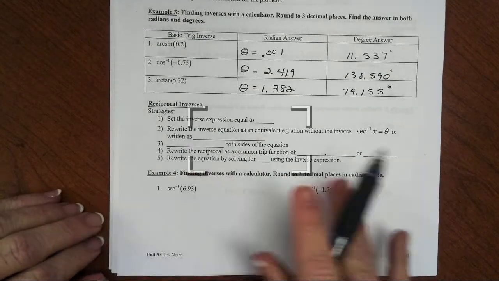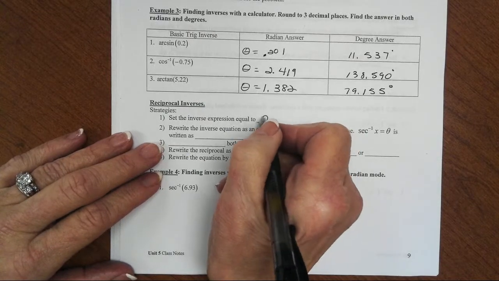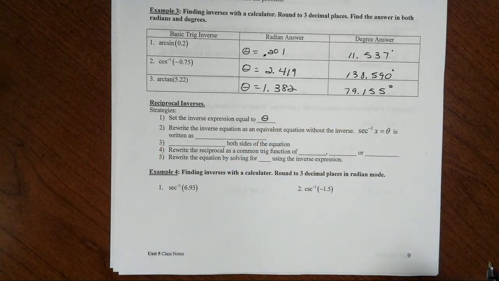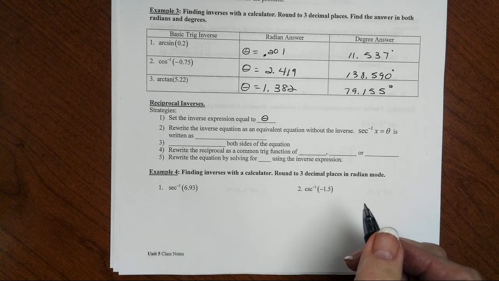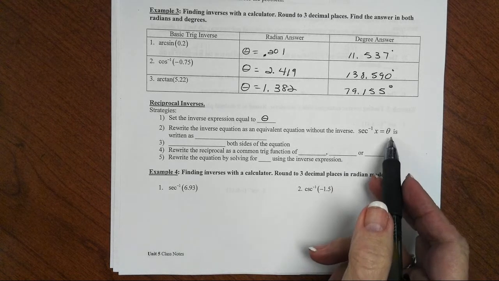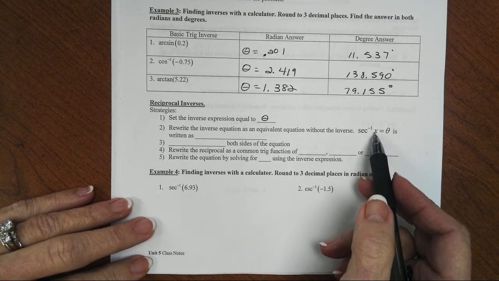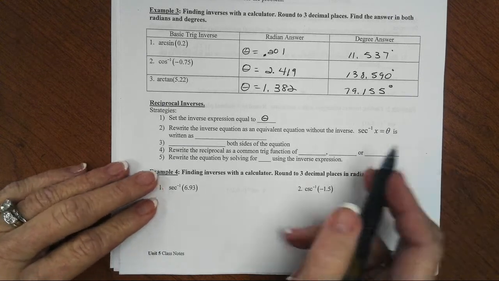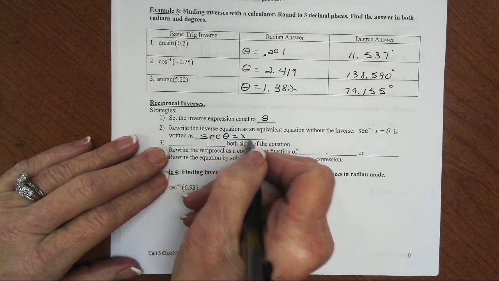To do reciprocal inverses, we're going to set the inverse expression equal to theta, and then rewrite it as an equivalent equation without inverses. So the angle whose secant is x is theta is written as the secant of theta equals x.